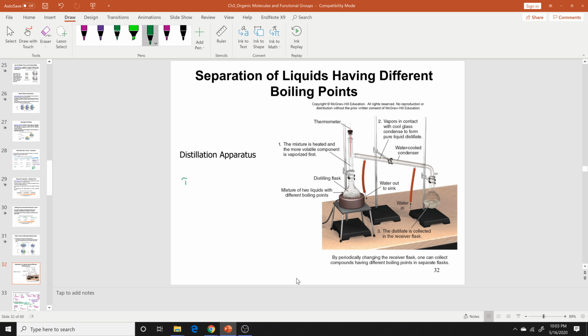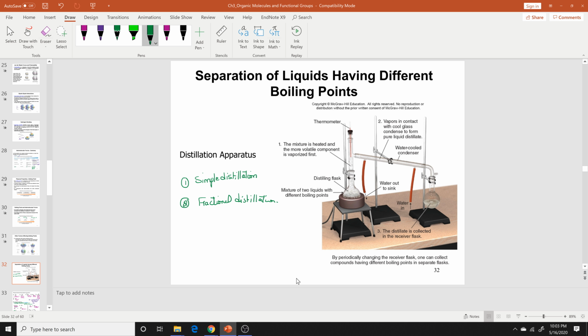The first technique is called simple distillation, and the second one is called fractional distillation. What I have in the picture here, if I see correctly, is basically a diagram for a simple distillation.